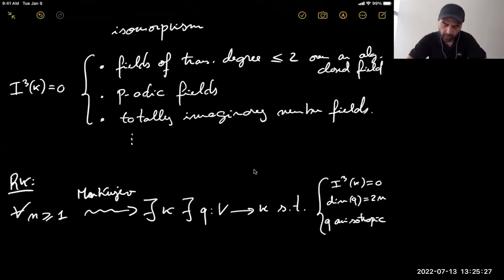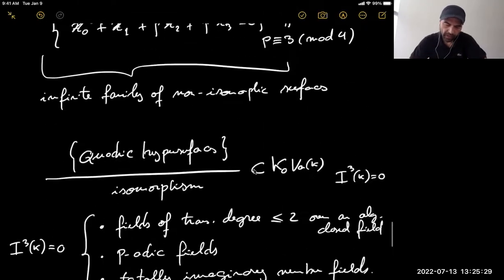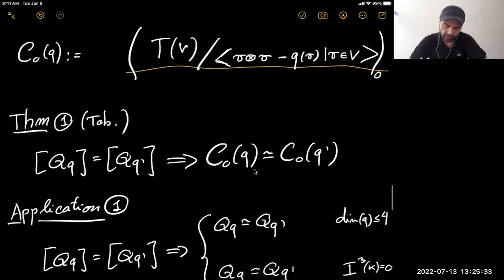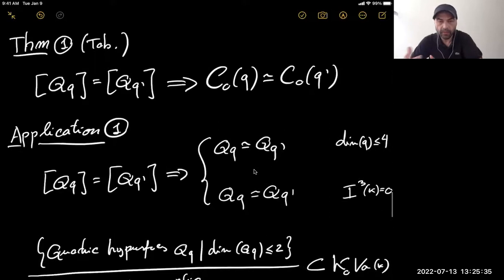So we have many examples of quadric hypersurfaces where you have this phenomenon where they remain distinct in the Grothendieck ring.